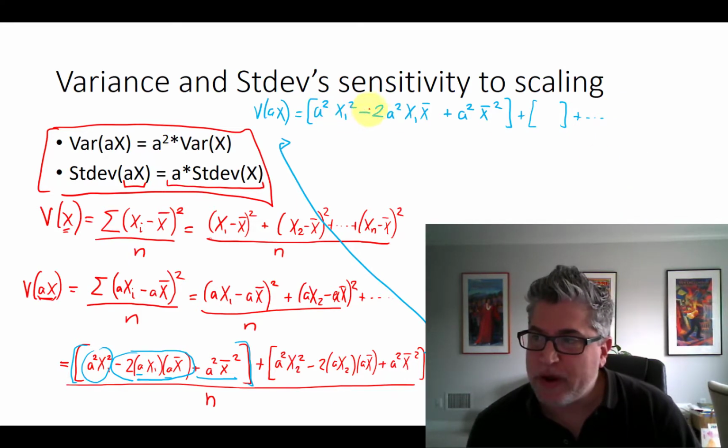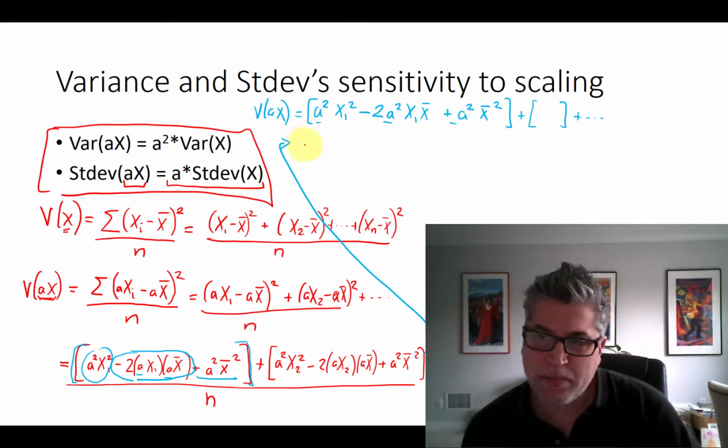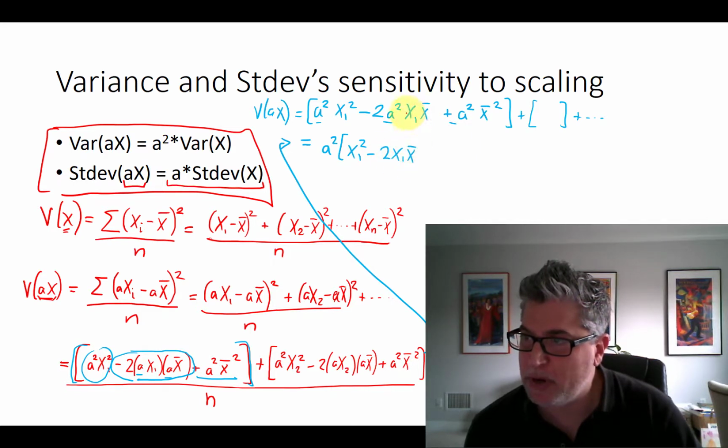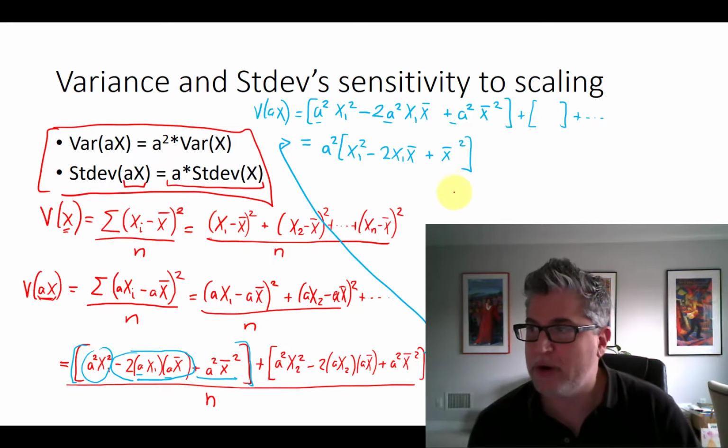Notice that a squared shows up in each of my terms here. So I can pull it out. So I have a squared x1 squared minus 2x1 x bar, and then pull out the a squared, leaving me with x bar squared.